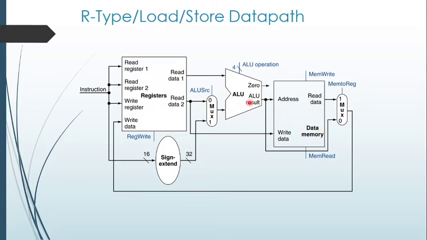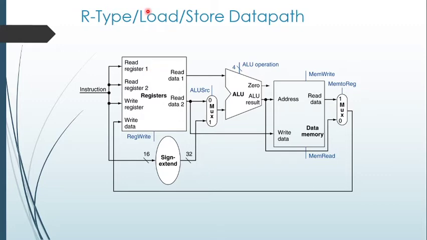How is it stored? It passes through another multiplexer, which selects the data to be stored back to the register in the final step. So this is how an R type instruction works.